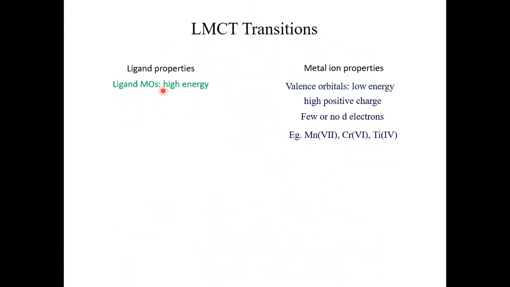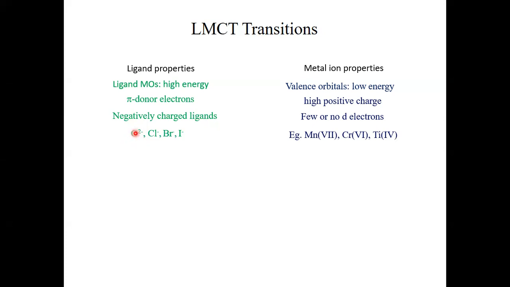Now, under which circumstances do the ligand MOs tend to be high? That's the case when we have typical pi donors, and when we have negatively charged ligands, because negatively charged ligands cause more electron repulsion, and that increases the energy of the respective orbitals.